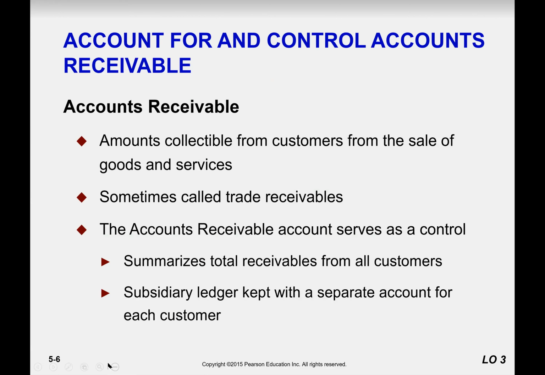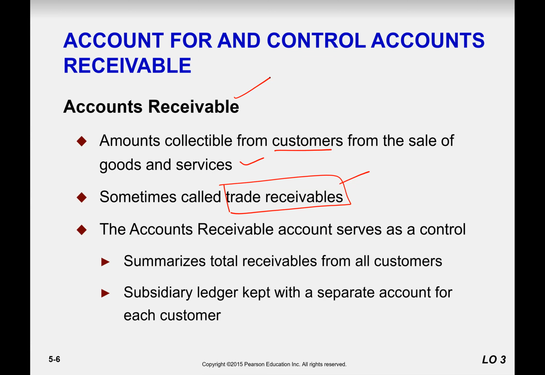So account receivables are amounts collectible from customers from the sale of goods and services, sometimes also called trade receivables. If you see some British books, they will call this trade receivables. And American books, they call this account receivables.